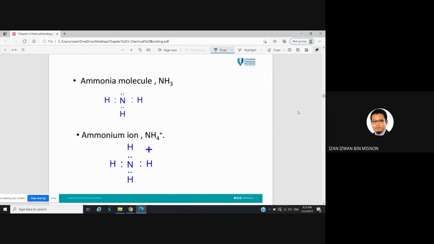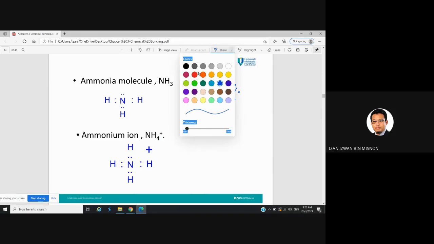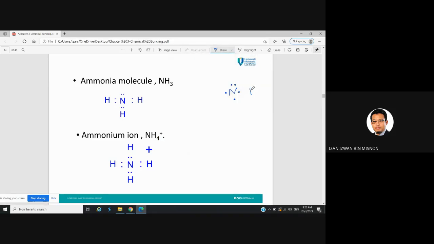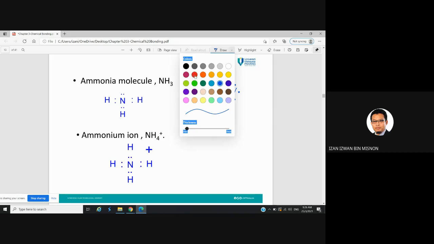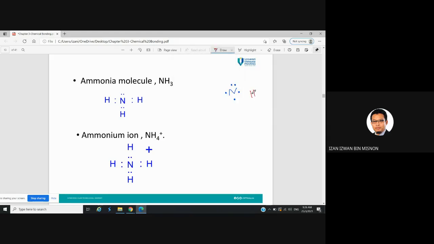Okay. We have another example of ammonia that consists of 1 nitrogen and 3 hydrogen. So let's say we have ammonia, nitrogen. In ammonia, nitrogen has 5 electrons in the valence shell. And for hydrogen, it will have one electron on the valence shell.